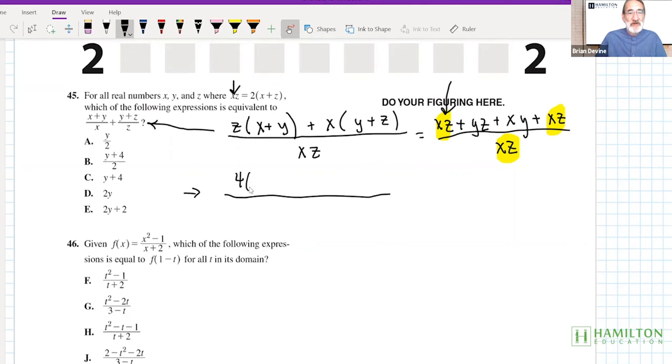So 4x plus z plus yz plus xy over 2x plus z.